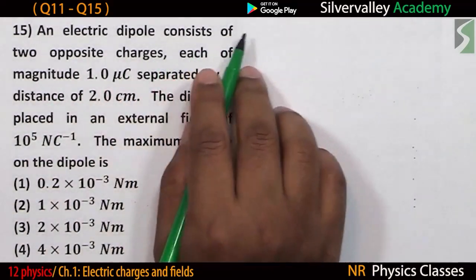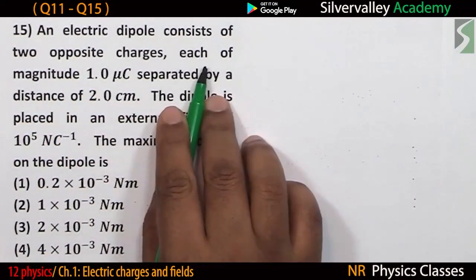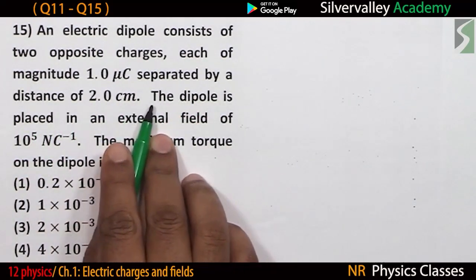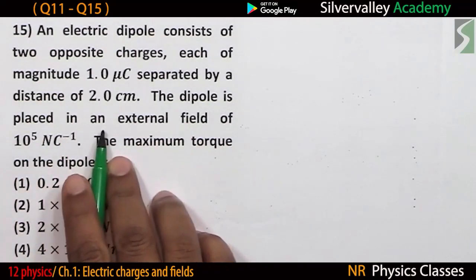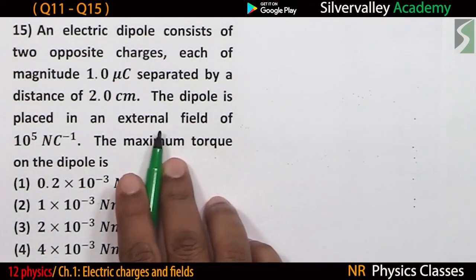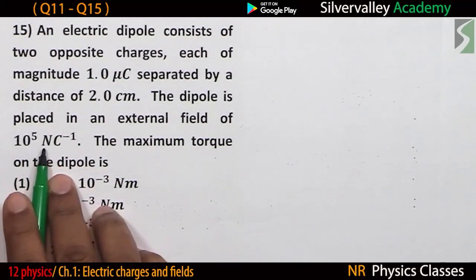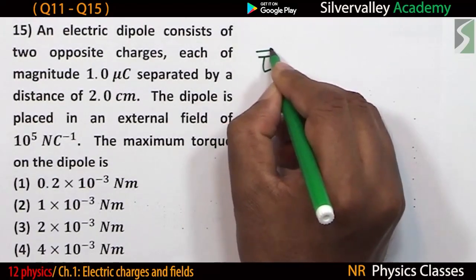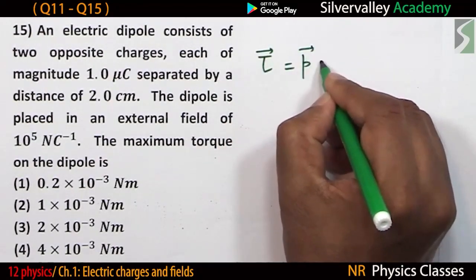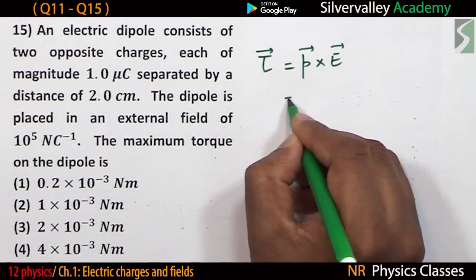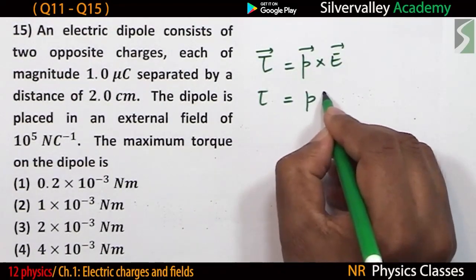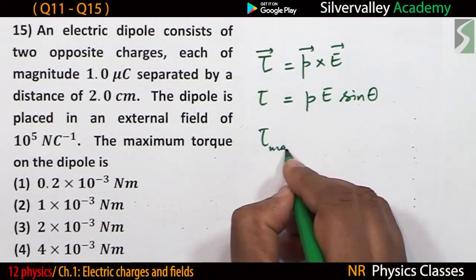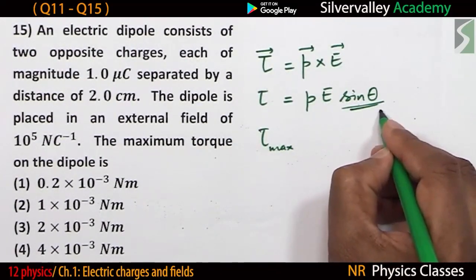An electric dipole consists of two opposite charges, each of magnitude 1 microcoulomb, separated by a distance of 2 cm. The dipole is placed in an external electric field of 10 power 5 Newton per coulomb. The maximum torque? So torque is given by P cross E. So magnitude of torque is PE sin theta, and torque is maximum if sin theta is equal to 1.